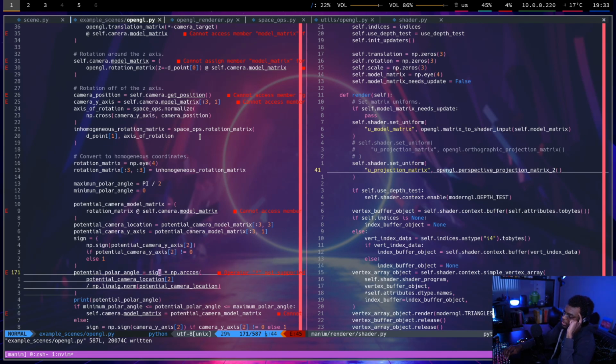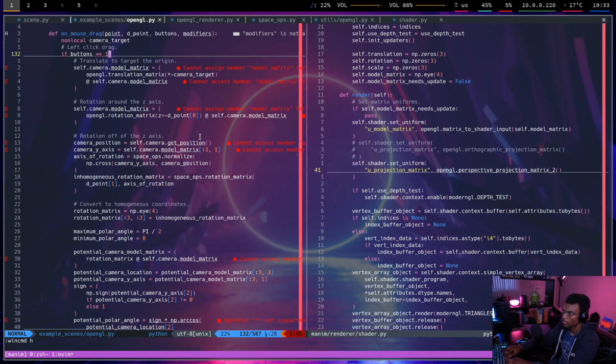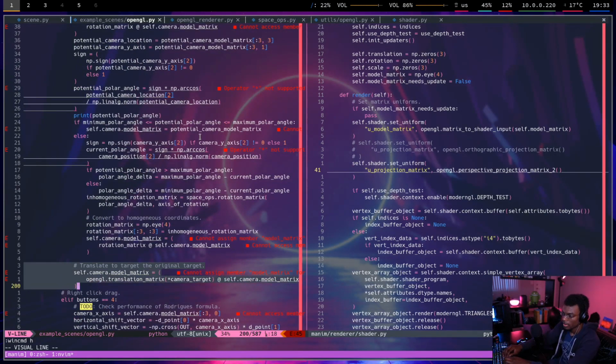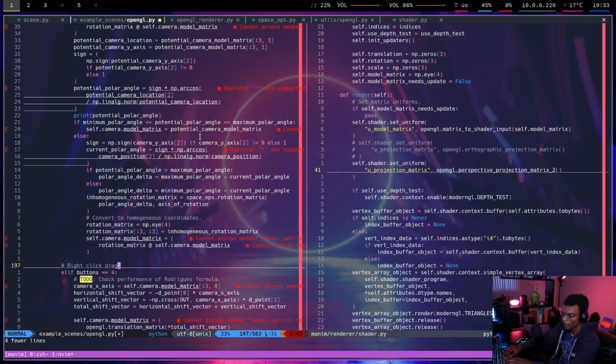This is the polar angle that it will have if I multiply by that rotation matrix. I guess the potential polar angle is what you would get if you were to translate it, apply the rotation, and then translate it back. Okay, so I'm gonna have to complicate this some more. Unfortunately.